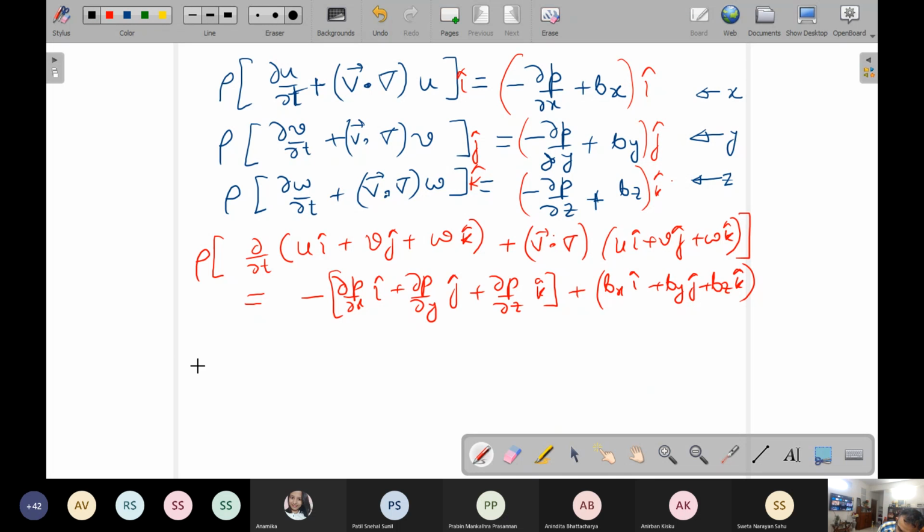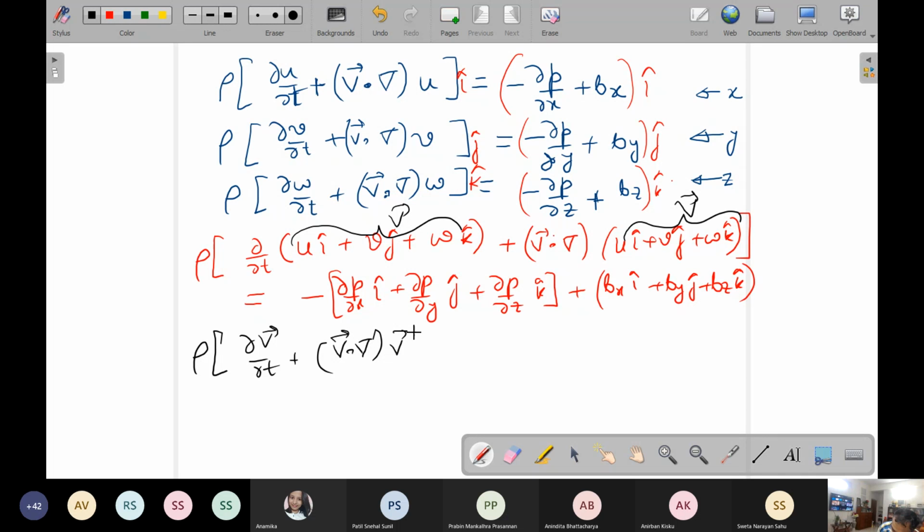So the first one is nothing but the velocity vector v. This is also the velocity vector v. This is by definition gradient of the scalar function pressure, and if we call this as the body force vector per unit volume, so this is what is the equation of motion in vector form.